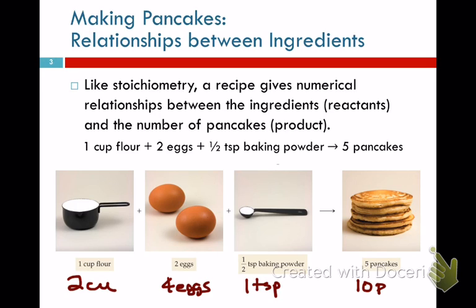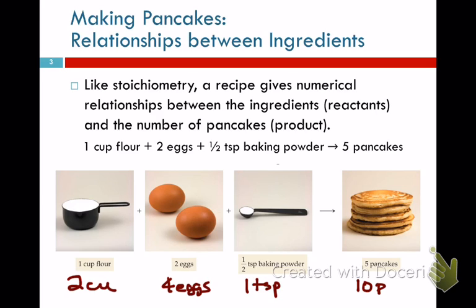I'll call it baking powder, BP, and that's going to make 10 pancakes. There's my 10 pancakes. That's my balanced equation.